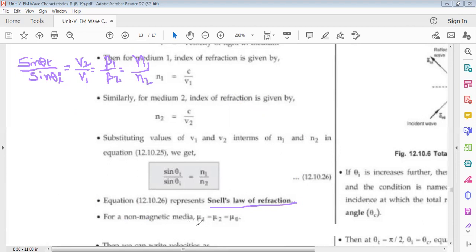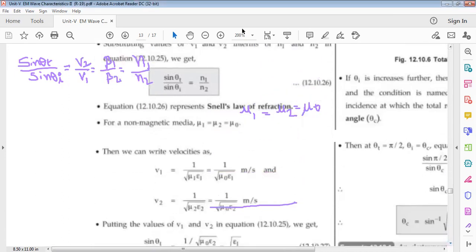For a non-magnetic medium, mu1 is equal to mu2, that is equal to mu naught. Means in medium 1 the permeability is mu1, and in medium 2 the permeability is mu2. In the non-magnetic medium, both are considered as mu naught. Then you can derive another expression. We know the velocity is equal to 1 by the square root of mu epsilon.